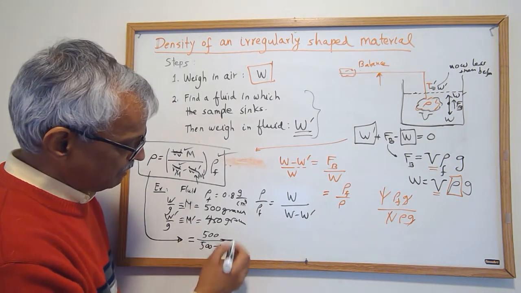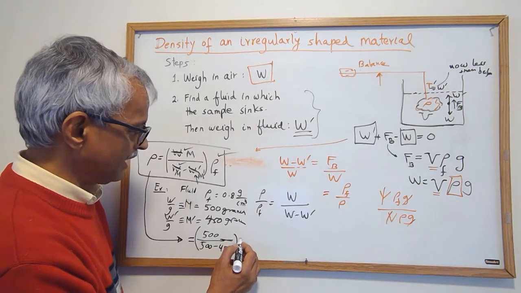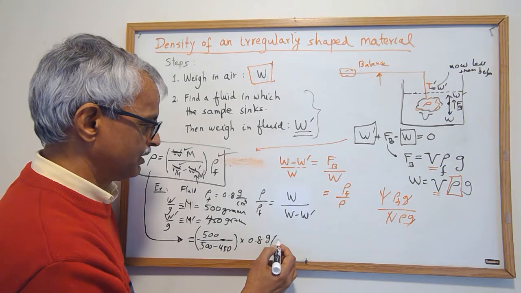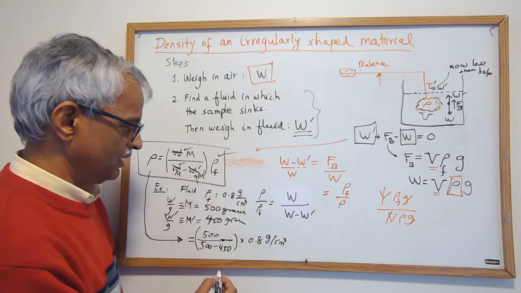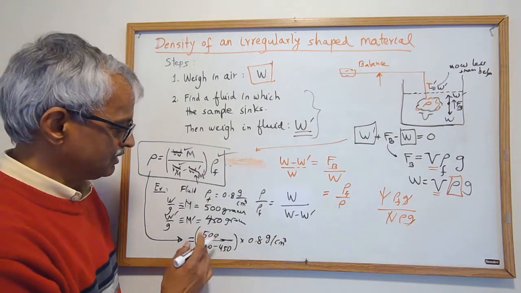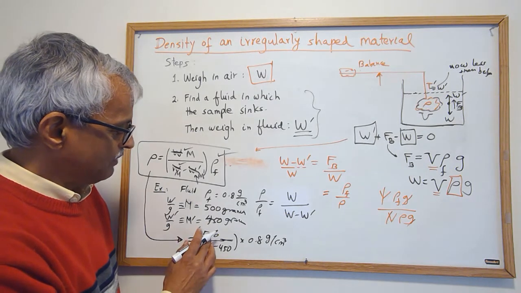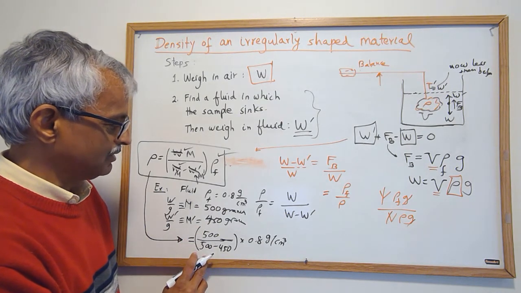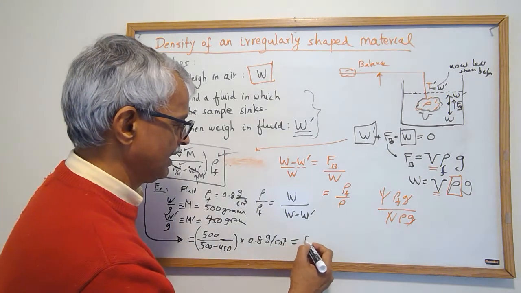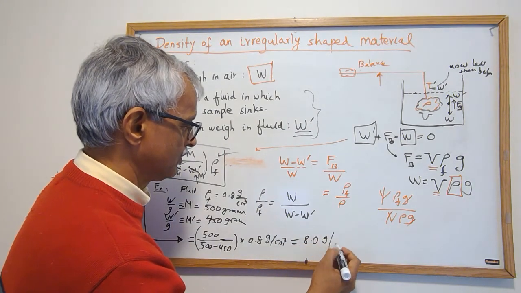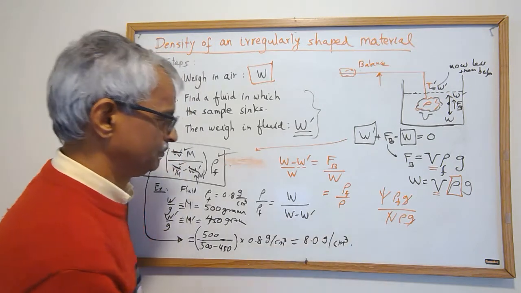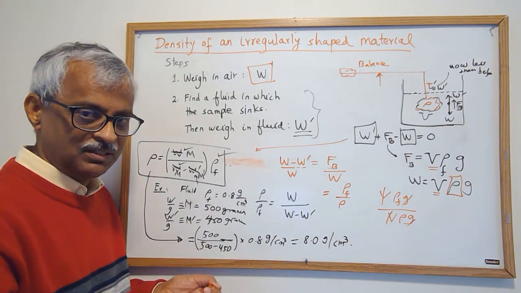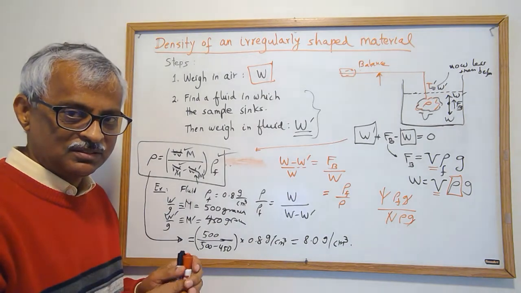So gram will cancel with gram, so I don't need to even write that. And this will be 0.8 gram per centimeter cube. So I don't need to convert any unit. This is the beauty of it. So I have 500 divided by 50. That's going to be 10. So this is actually 8.0 gram per centimeter cube. So this is the density, can be density of steel, for instance.